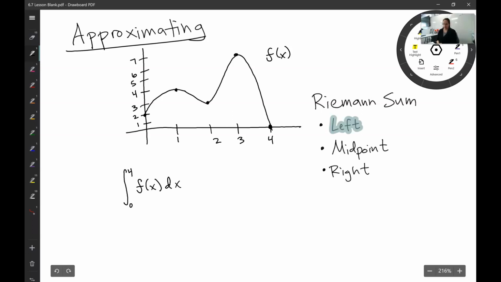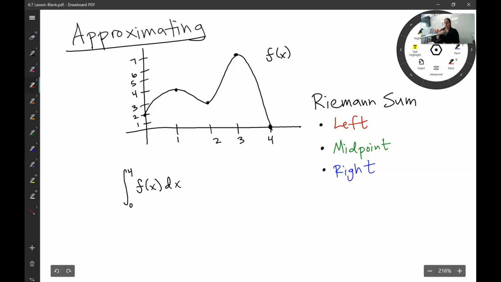And each of these are different. So I want to go over, with the curve that I have here, an example of how all of these are different. So let me color code them so you can see. We'll do left, red, midpoint, green, and right, blue.